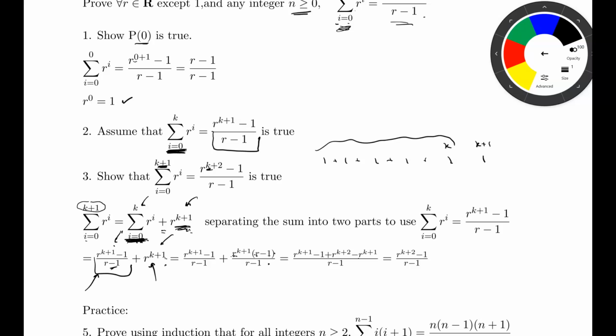And I put these two terms here, and it's all over this r minus 1. All right, let's see what I've got here. So here's my r to the k plus 2. Then look at what happens here. This term is positive, this term is negative, they go away. Minus 1 carries along all over r minus 1. What? Is this what I was trying to get to? It was. Ta-da.